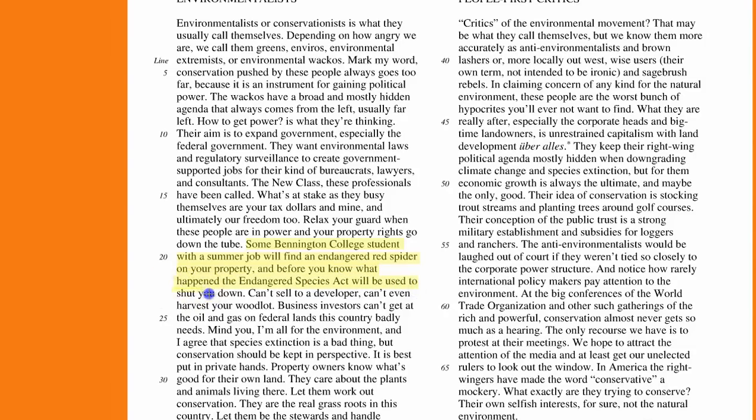So this part says some Bennington college student with a summer job will find an endangered red spider on your property, and before you know what happened, the Endangered Species Act will be used to shut you down. Now, is that how it's going to happen in most cases? No, it's not. It won't be just a random college student doing that. But the point is, the author used hyperbole to show that overstating things sometimes influences us very heavily.